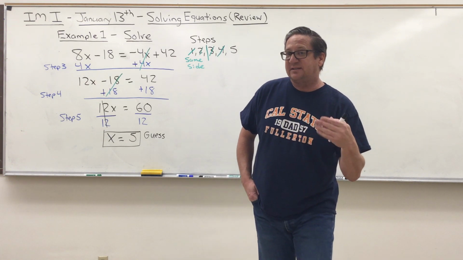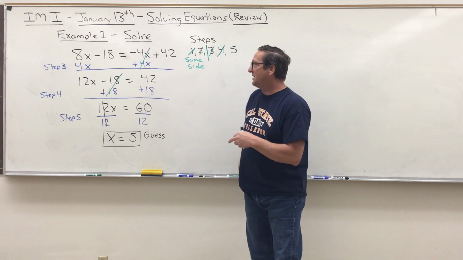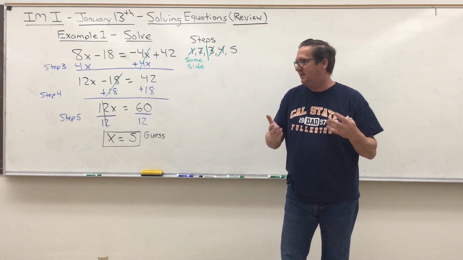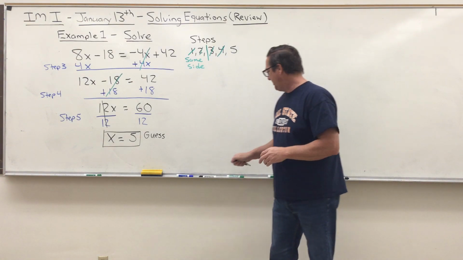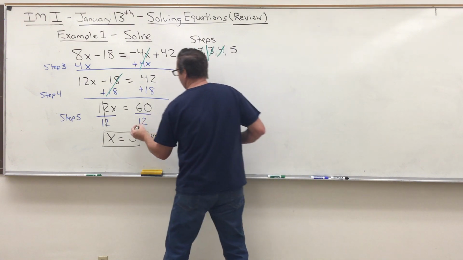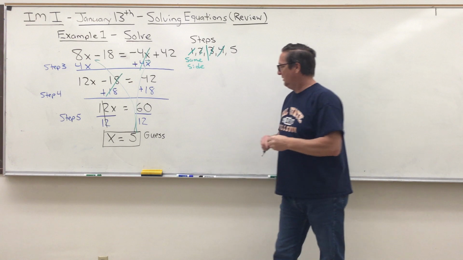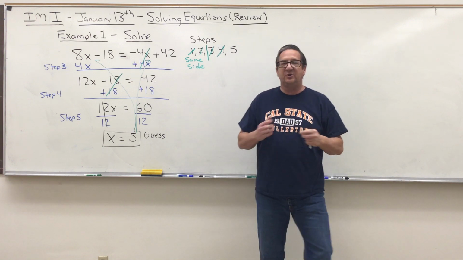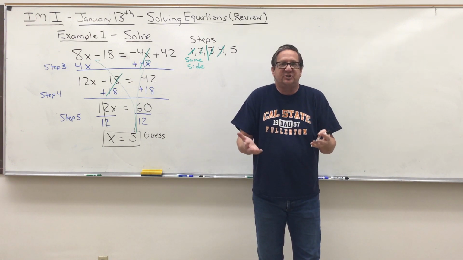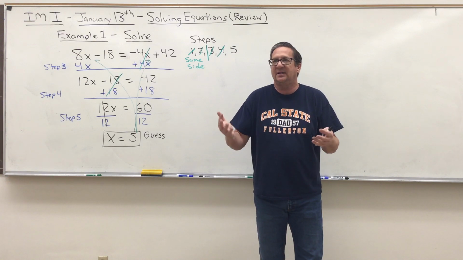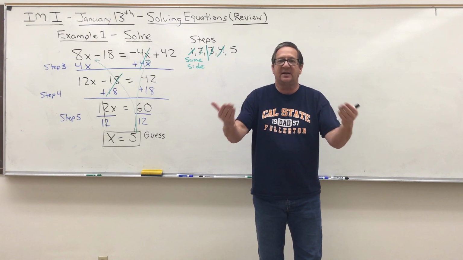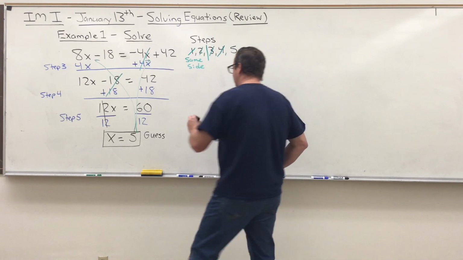That's your guess. You're guessing that you did everything right. Of course, I provide you with answers to make that a very quick check. But if I told you that I wanted you to prove it to me, without looking at the answer, you would plug back in and do order of operations.